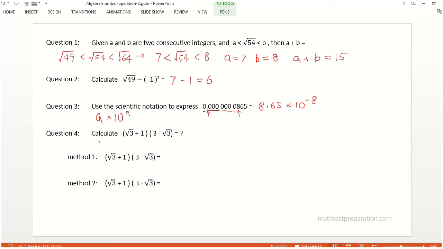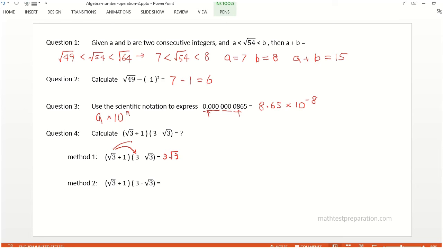Now, question 4. We need to multiply these two parts. Method 1. Square root 3 multiply 3, which is 3 times square root 3.